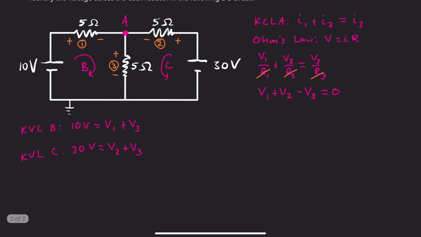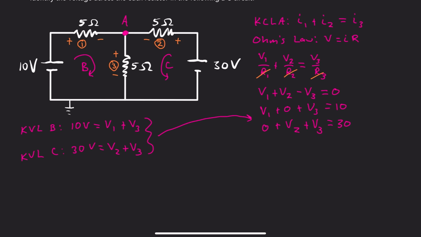Now you can see each of these equations has the voltage terms on one side. I'm going to rewrite them over here so we can see a little bit more clearly how to set up this matrix equation. V1 plus 0 plus V3 equals 10. 0 plus V2 plus V3 equals 30.